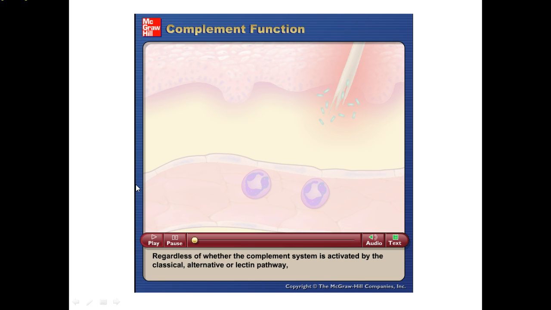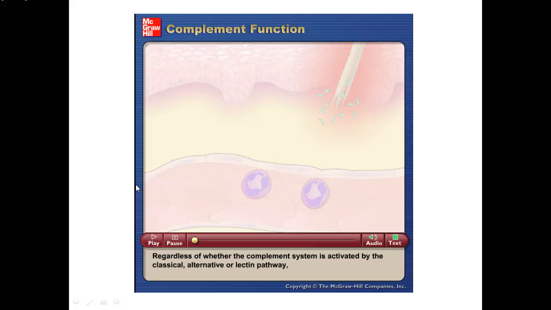So speaking of systems, the complement system is a system of proteins found in your blood and your tissue fluids. These can help with detecting invasion, because these proteins can interact directly with the bacteria and can help elicit inflammation.